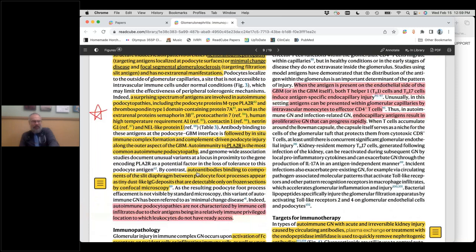Rachel, I wasn't sure, have we seen these tiny, what's described as dust-like IgG deposits? I think this is one of those lesions that you need to see on frozen tissue rather than fresh fixed tissue, but is that something that you guys have encountered?